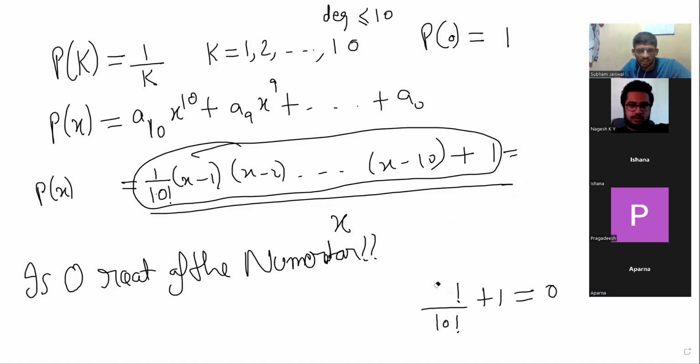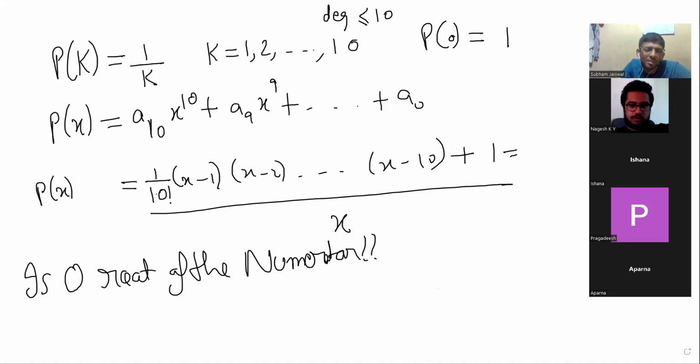Okay, so maybe this was coming out to be minus 1 by 10 factorial. Just check the calculation. Basically, you have to just check that putting x equal to 0 makes the numerator 0. And for that, I believe there should be a minus there. Check it. Yeah, it should have been minus. Right. And then the point is that putting x equal to 0 makes this 0.